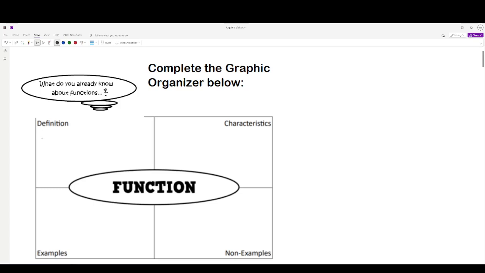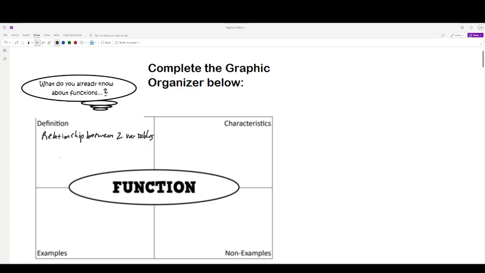So a definition of function is a relationship between two things. We'll call them variables.